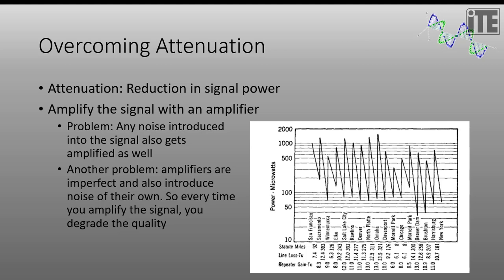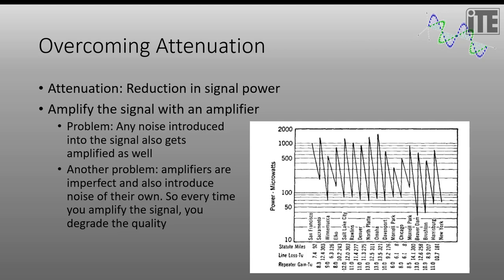So we use amplifiers along the way to boost the signal power up, but there's a problem with this, and that is that if there's any noise that gets introduced into the signal, that also gets amplified along the way as well. So in other words, the more times we amplify, we end up with more and more noise. But another problem is that amplifiers are also imperfect. So even if there was no noise introduced on the cable, the amplifiers themselves would introduce noise.